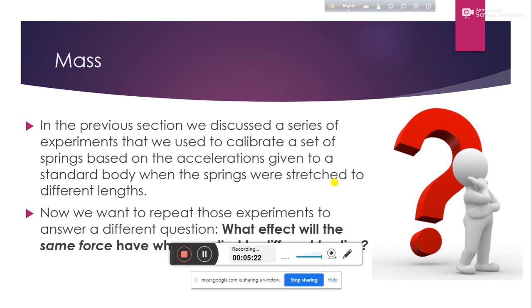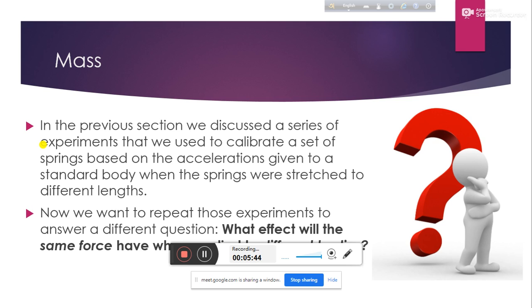Now, in our previous section of discussion, we had a series of experiments, hope you remember, with a spring and specified bodies, where we had given some extension in order to get some acceleration, and we had measured forces.